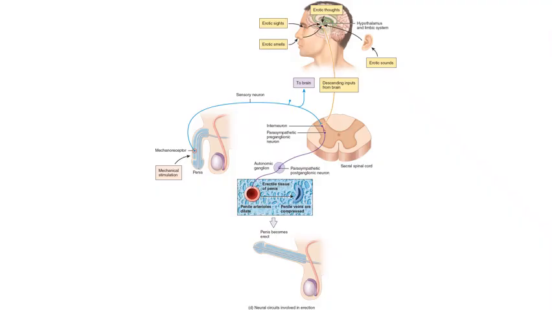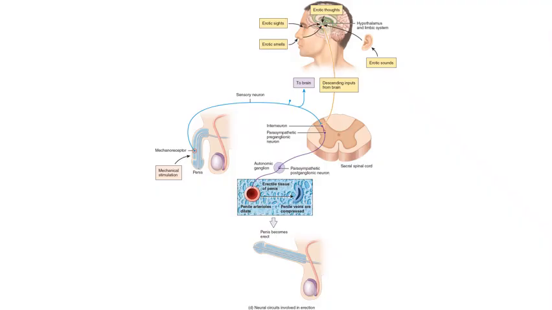Now, the insertion of an erect penis into the vagina is called heterosexual intercourse, or coitus. A major stimulus for the erection is this mechanical stimulation of the penis, which coincides with mechanoreceptors. Mechanoreceptors will provide direct input to the erection integrating center in the spinal cord.